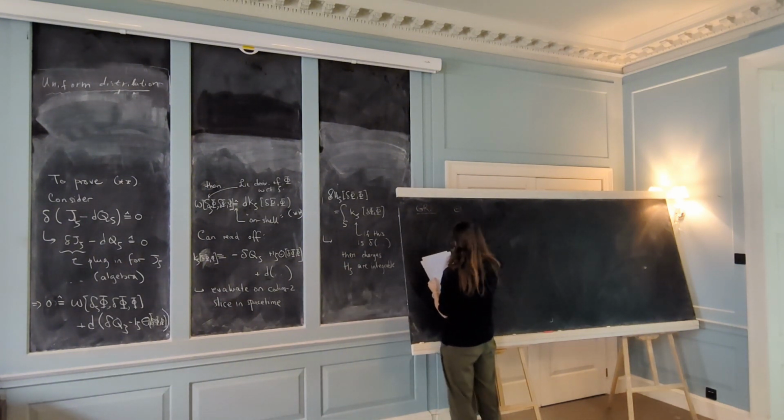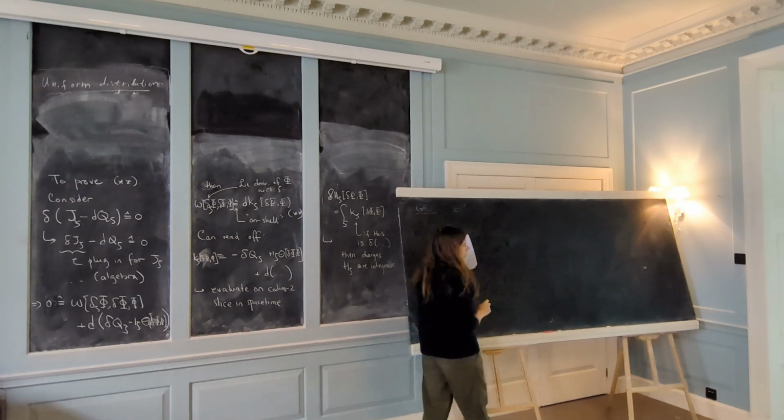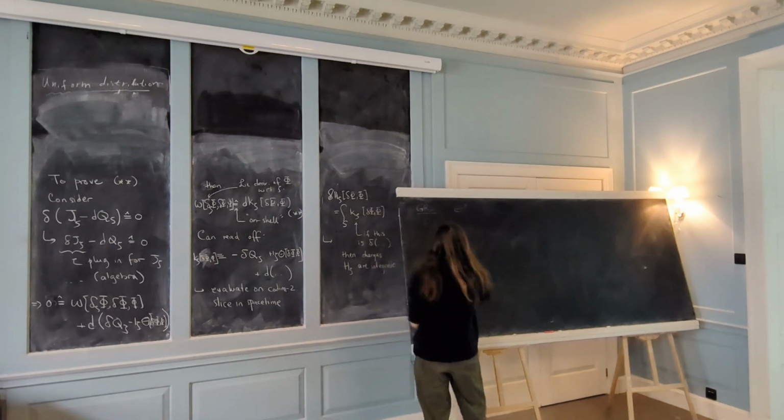First of all, the symplectic potential, you can work it out by varying the Einstein-Hilbert action.